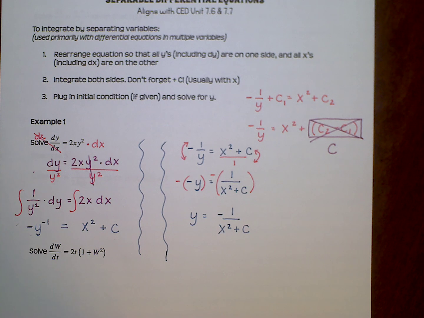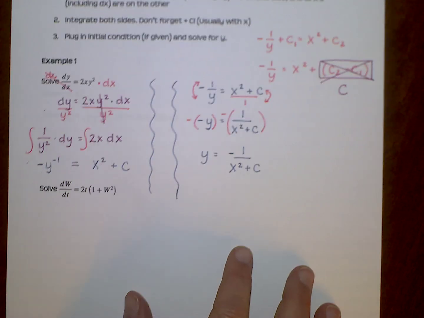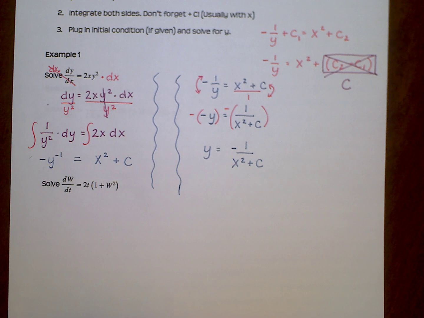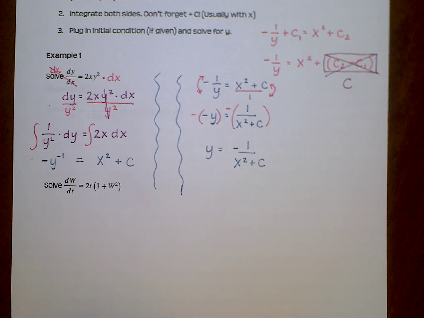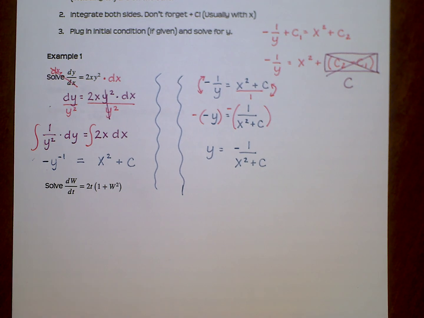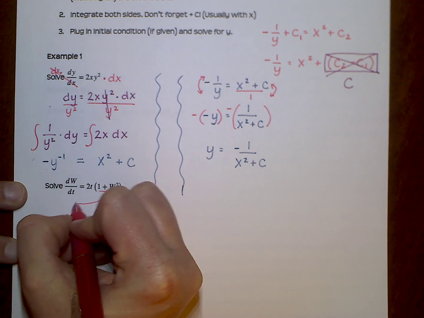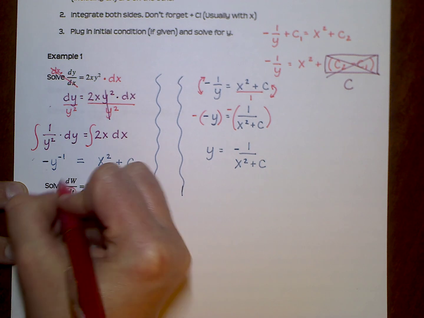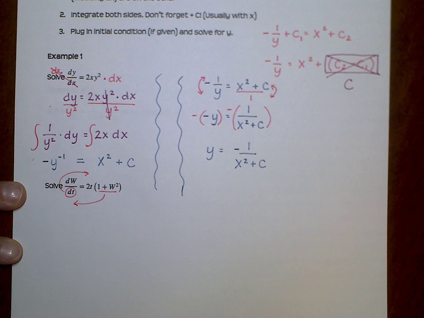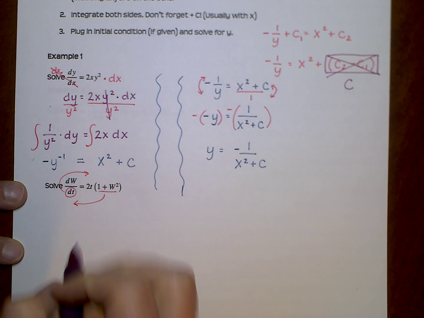Okay, so let's look at problem number 2. I've got dw over dt equals 2t times 1 plus w squared. Remember, I'm moving everything in terms of multiplying and dividing. So I want to take this thing and move it this way, and take the dt and move it that way, and I'm going to try to do this all in one step.